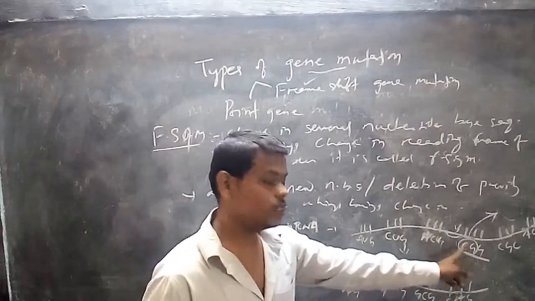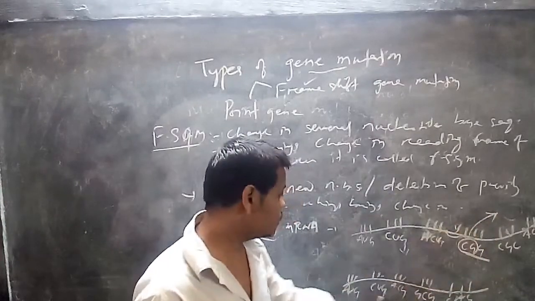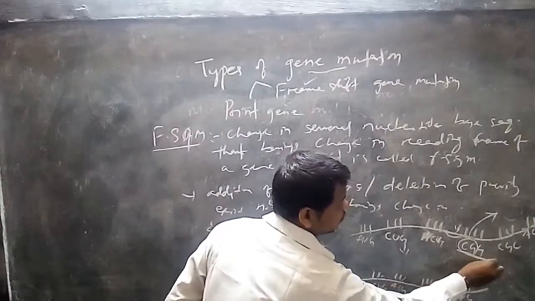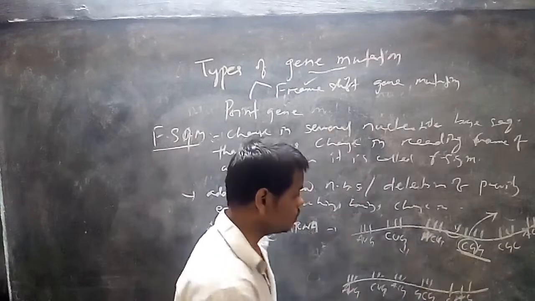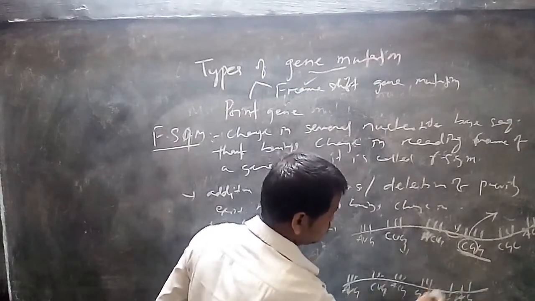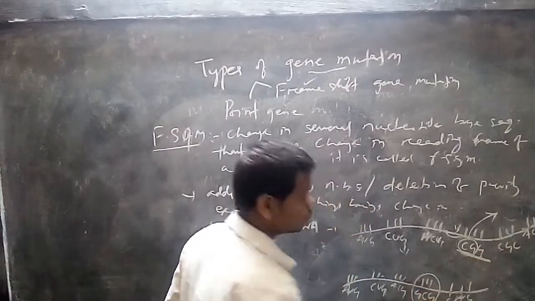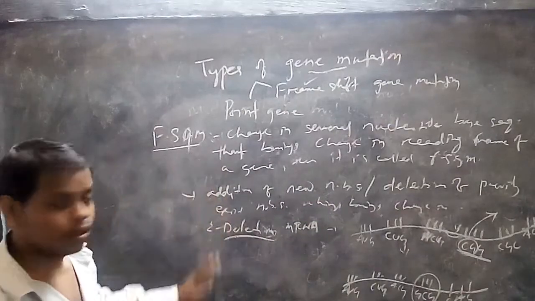When nucleotide base sequences are deleted, more than one nucleotide base sequences are deleted, and that brings change in the reading frame. This CGG, the amino acid which is decoded by CGG, is not decoded by GCG. See here, CG is changed. That's why it is read as GCG. Okay. So this is the thing of frame shift mutation.